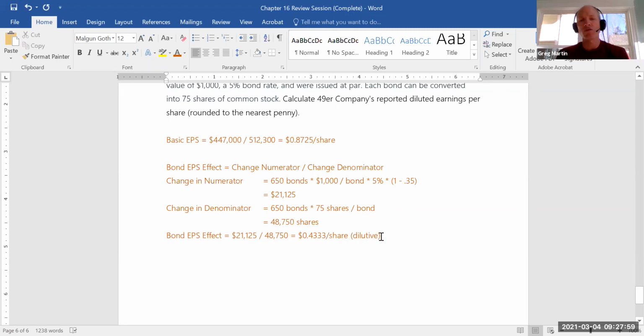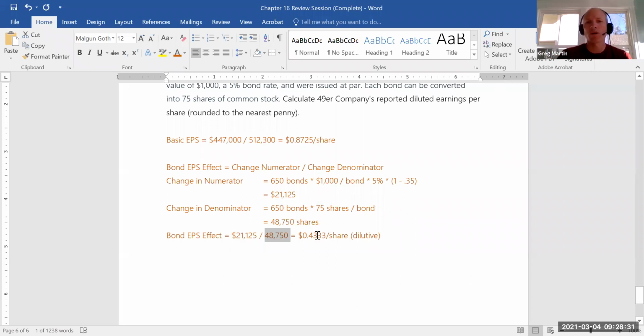So if you remember the lecture guide, when I combine these two items, the basic earnings per share and the bond EPS effect, the new earnings per share absolutely will be less than 87.25 cents, and it will absolutely be more than 43.33 cents. It'll be somewhere in between. Given the size of 21,000 and 48,000 compared to the basic EPS, it's going to be closer to the 87 cents than to the 43 cents.